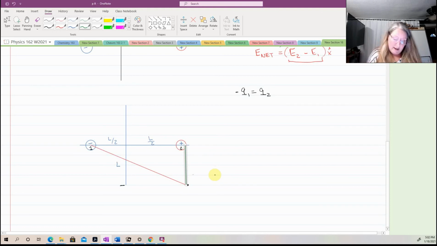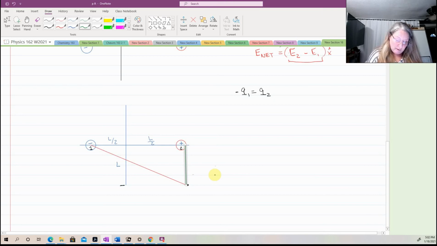Whatever geometry I have laid out that I know about the position of my charges and the position of my point, I can use to get the trigonometry for my field components, because they won't be the same size. We don't know what they are, but they will have the same proportions. I'm going to have a similar triangle within that much bigger triangle that will be my actual electric field. So if I can figure out the angle just based on a position triangle, that angle is going to apply to my electric field. So then I can apply that to figure out my components for my x and my y.